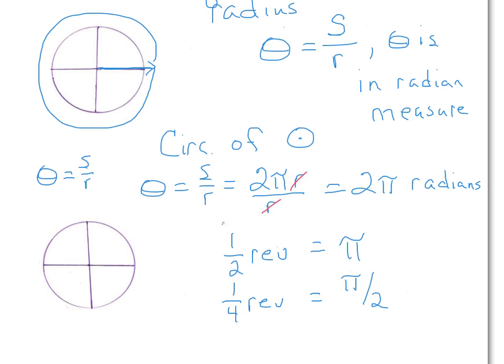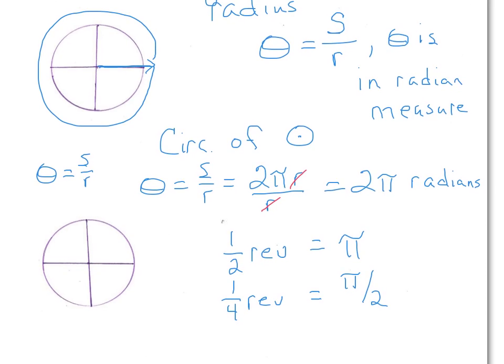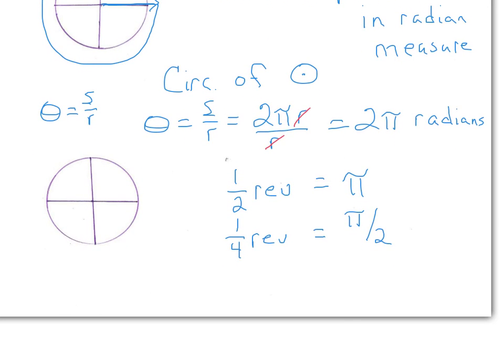What about 1/6 of a revolution? Well, that would be 2 pi over 6, pi over 3 radians. And as I said, you can write radians, but you don't have to each time. I'm just going to abbreviate.